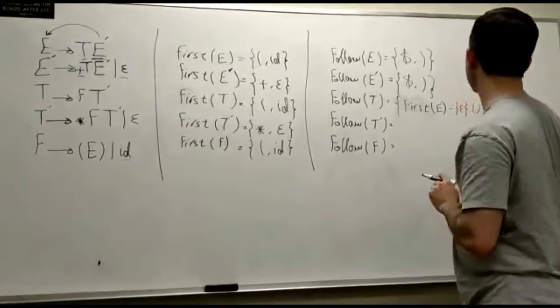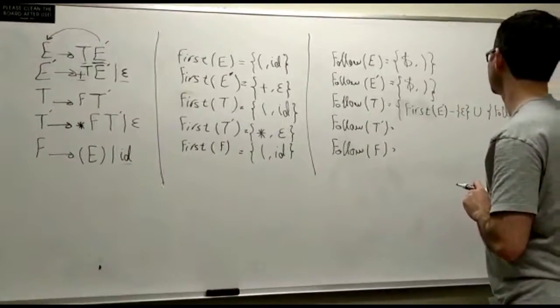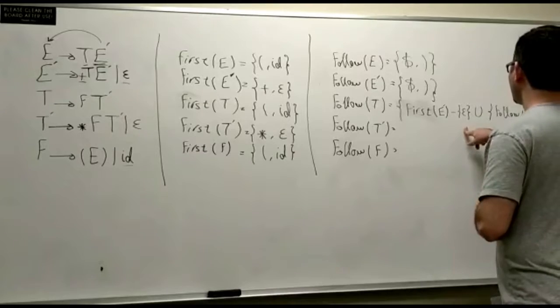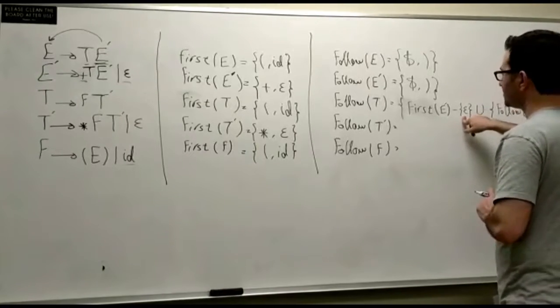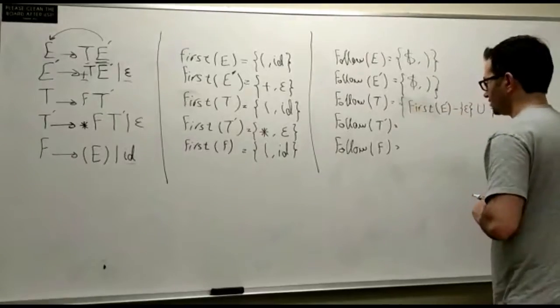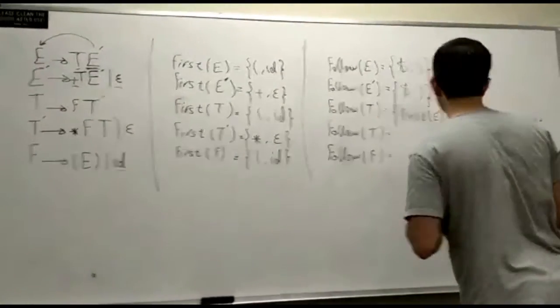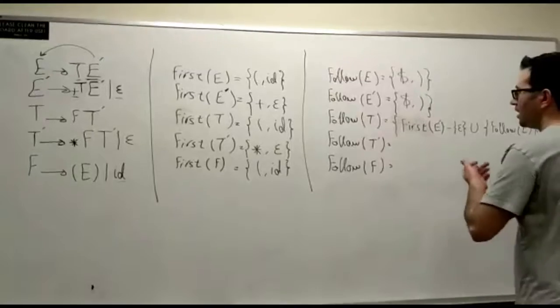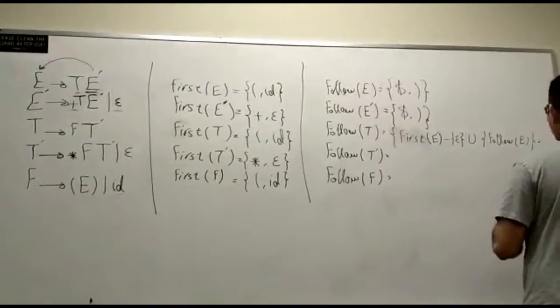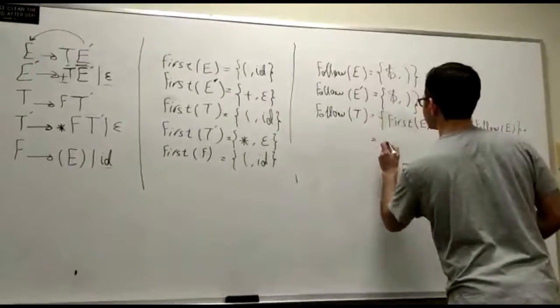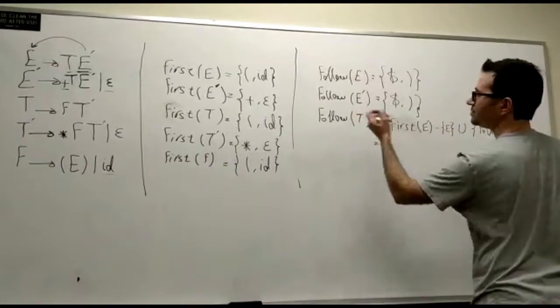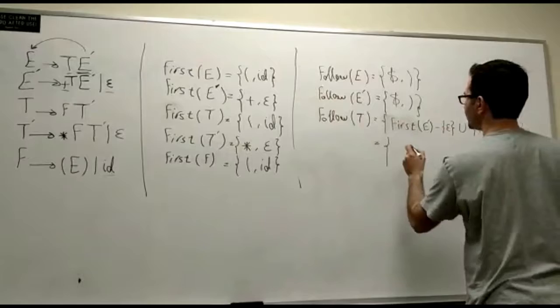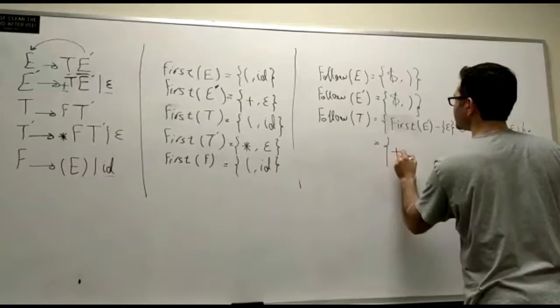In this way, we are able to subtract the epsilon from the follow set, because as I said, we cannot have an epsilon in the follow set. So first of E prime, we have it right there.